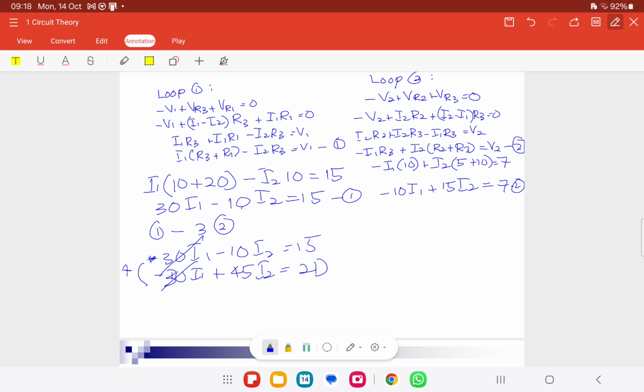Yang lain tu? Okey. Dia sebenarnya tekan calculator pun dah okey. Tak perlu buat simultaneous equation ni pun tak apa. Dia bukan matematik punya subject. So you just from the equation 1 and 2 you can straight away use your calculator. Okey, dapat tak? Dia gabungkan with the maths. So konsep untuk electric circuit sampai sini je tadi. So yang bawah ni konsep maths lah.